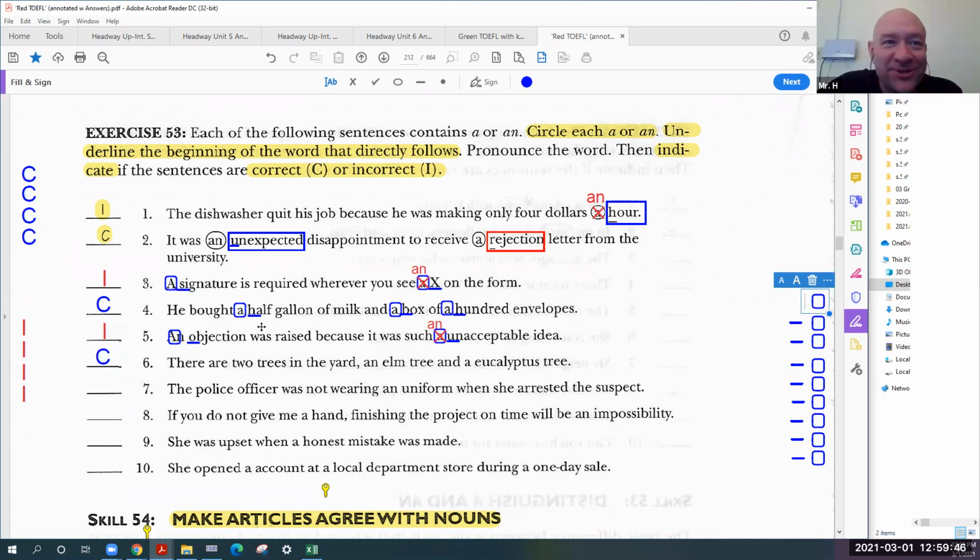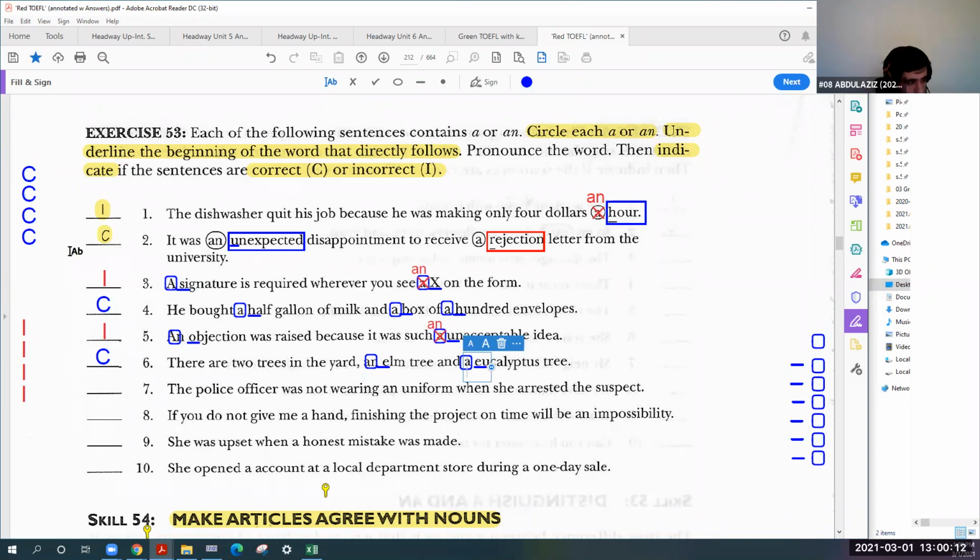Mr. H just lost marks. Yeah. There are 2 trees in an elm tree. All right. And then we have eucalyptus. What sound is eucalyptus? EU. It's a consonant sound, like Y. Yeah. Good.